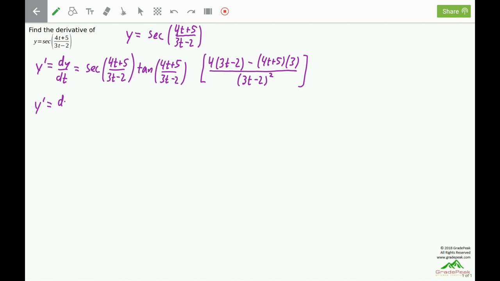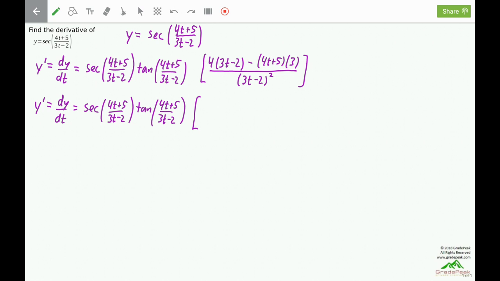So y prime, or dy dt, will equal, we'll leave these trig functions alone. So I would just rewrite exactly as I see it for each of them. There's no simplifying or anything like that that we can do with these. But we can simplify this quotient rule result for the derivative of the inside. What we can do is distribute the 4 into here.